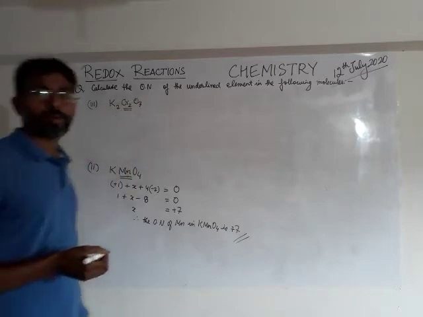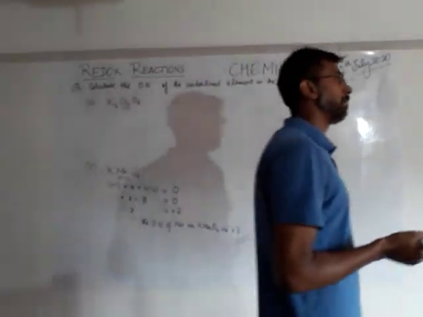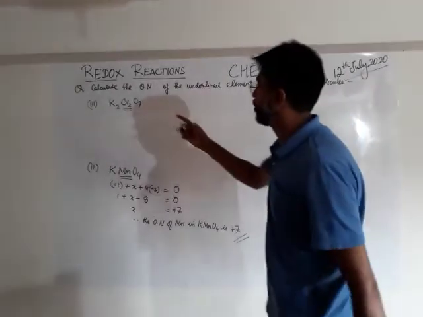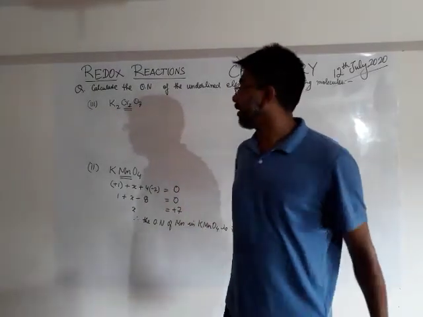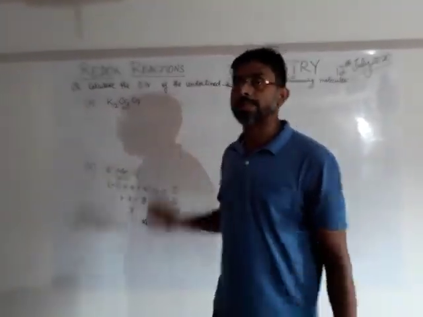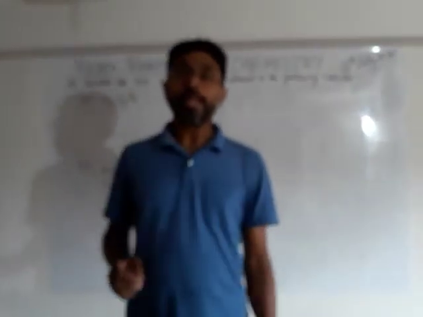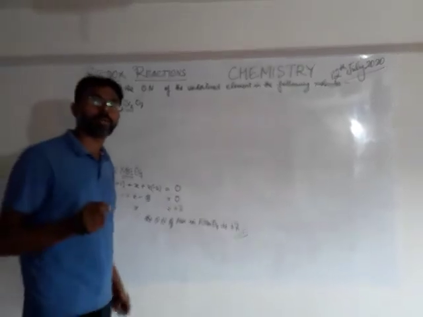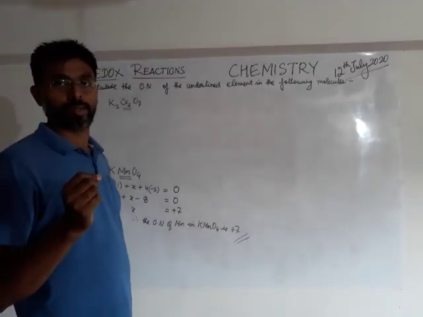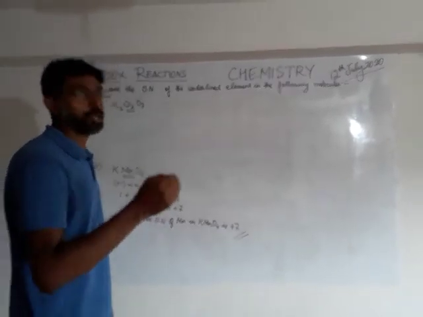This is the formula of potassium dichromate. I hope you all remember. You must have come across this potassium dichromate in the chemistry practical lab, or in a chemical equation in which this potassium dichromate, as an oxidizing agent, is made to react with concentrated HCl to oxidize concentrated HCl to chlorine gas.